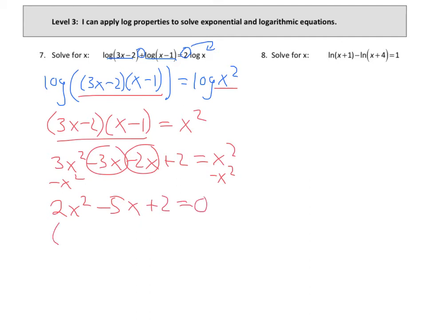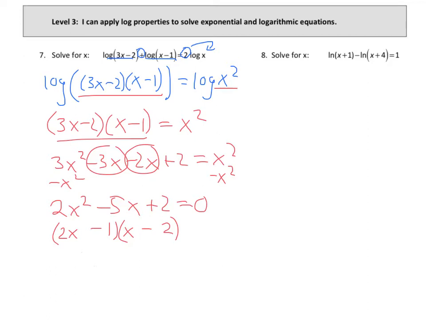And then hopefully this will factor. We put 2x and x, and I probably want a 2 here and a 1 here. And if these are both minuses, I get minus x and minus 4x, which adds to minus 5x. So I was able to factor that.